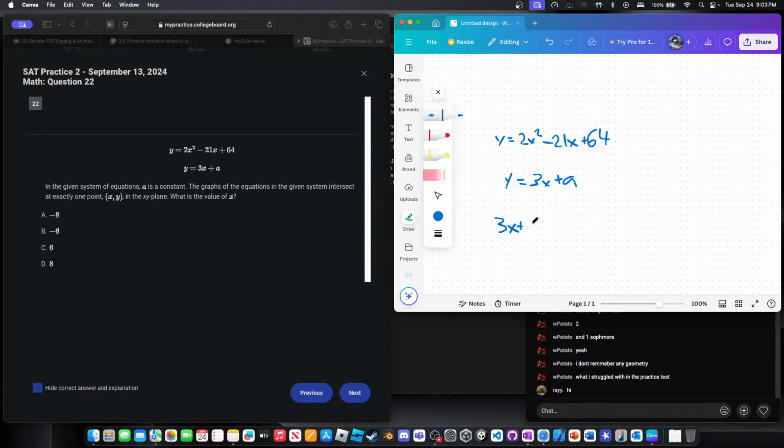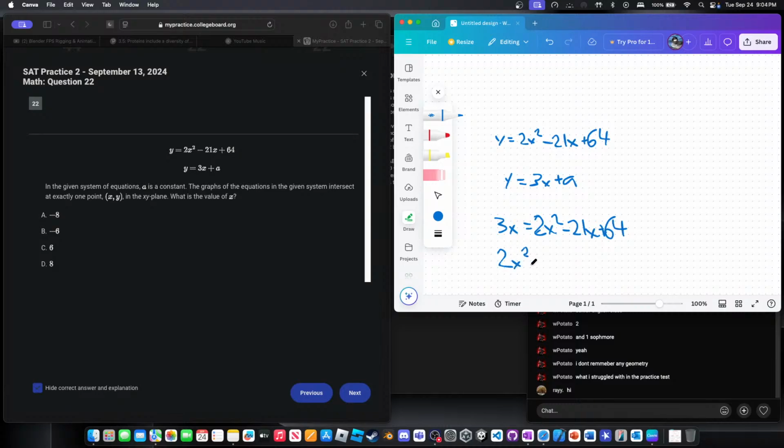What is the value of a? A is a constant, right? So let's do 0. 0 is a constant, right? So let's just do 3x and then substitute a with 0. So 3x is equal to 2x squared minus 21x plus 64.